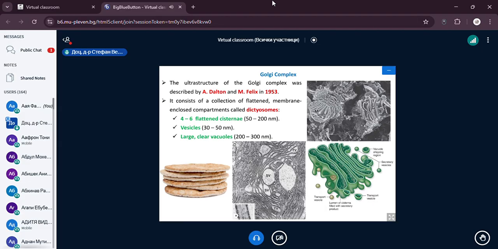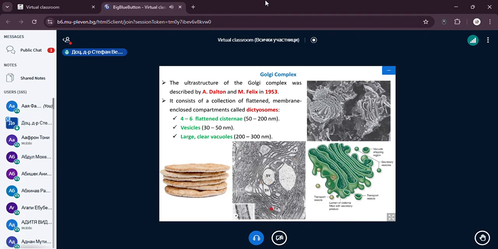Later, with the introduction of electron microscope, two scientists, Dalton and Felix, described the ultrastructure of Golgi complex in 1953, and they found that Golgi complex consists of a collection of flattened cisterns and associated small vesicles and large vacuoles.